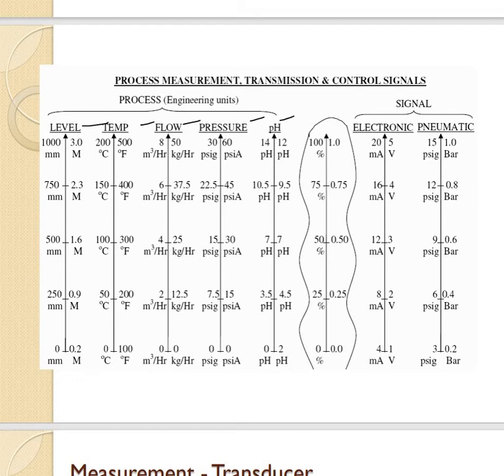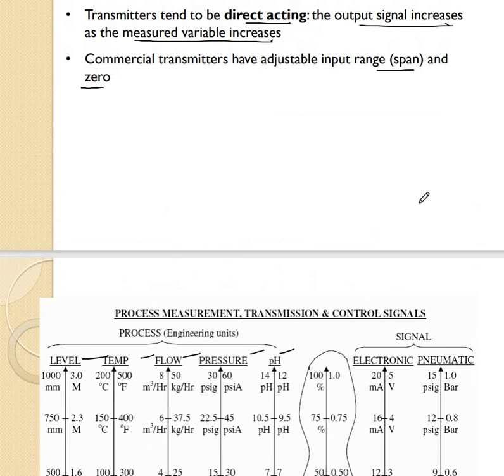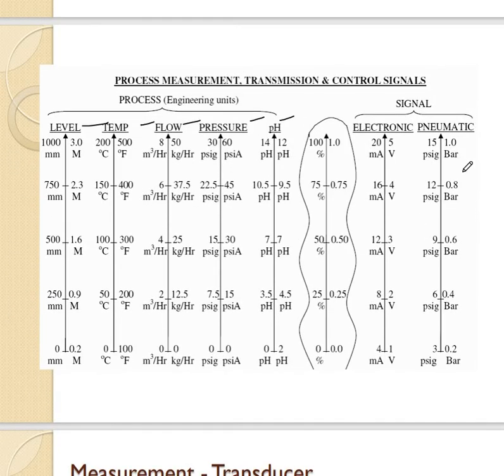Like what was mentioned above, transmitters have adjustable input range and 0. If we compare in percentage, this is 0% until 100%. The transmitter will read from 4 milliampere to 20 milliampere.